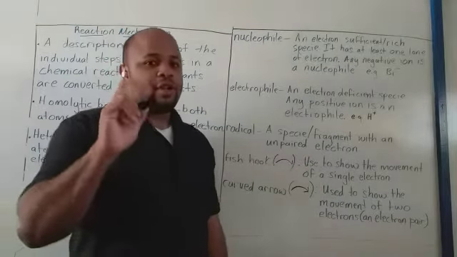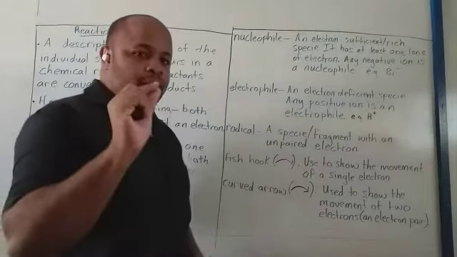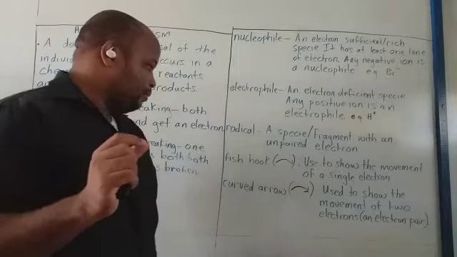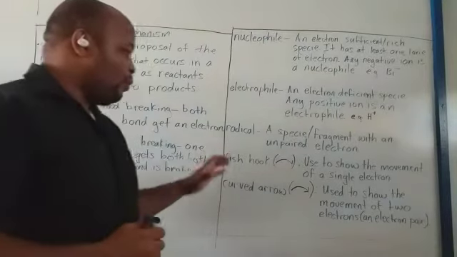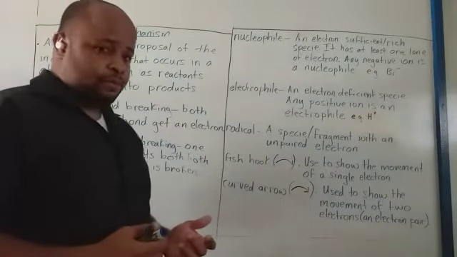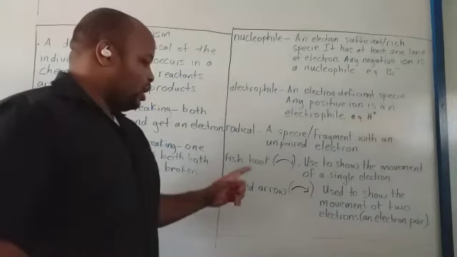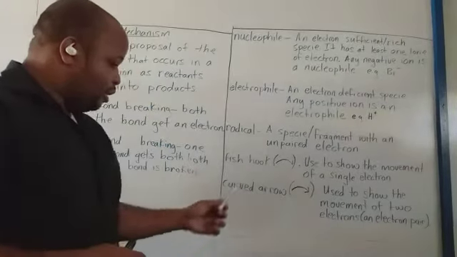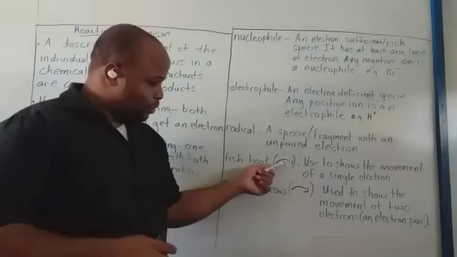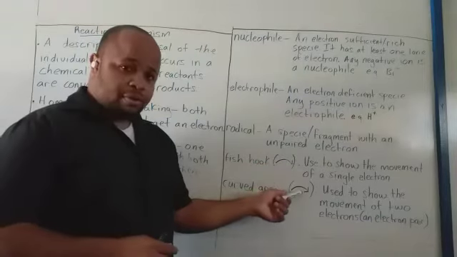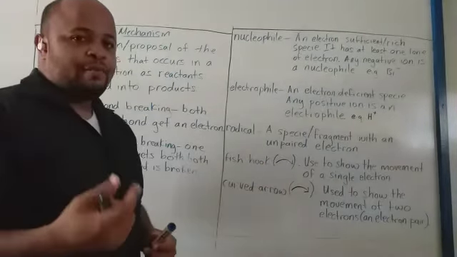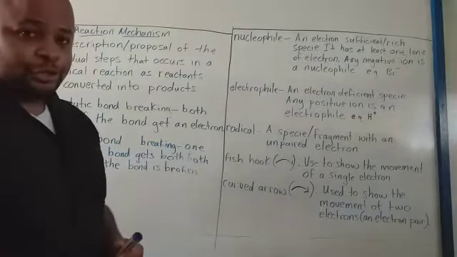It will not have a lone pair, it will just have a single electron. Right? Now, when we're doing a reaction mechanism, we will use a fish hook or a curved arrow, either the fish hook or the curved arrow, to illustrate the movement of electrons.